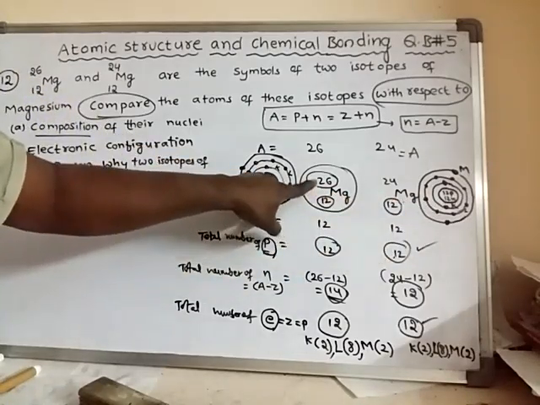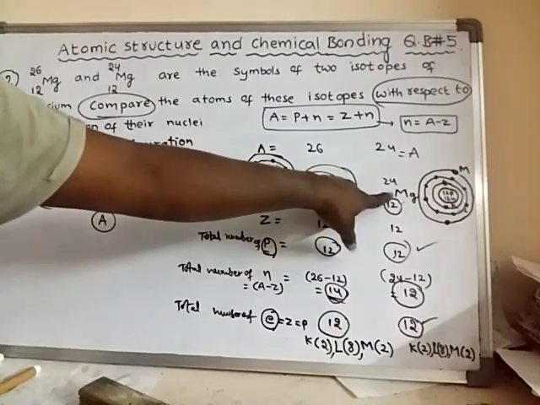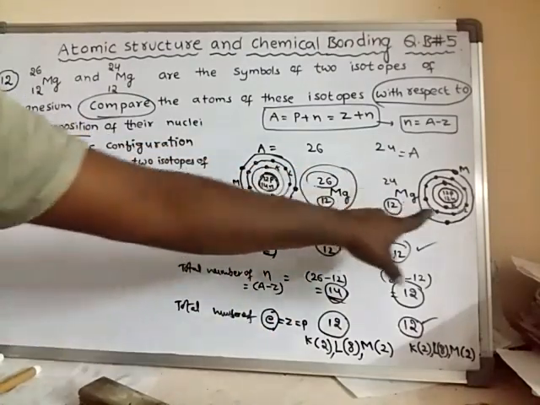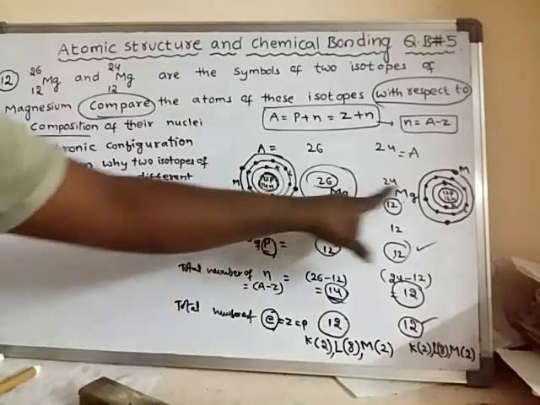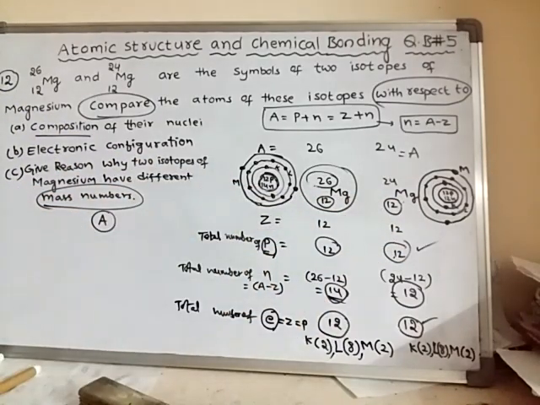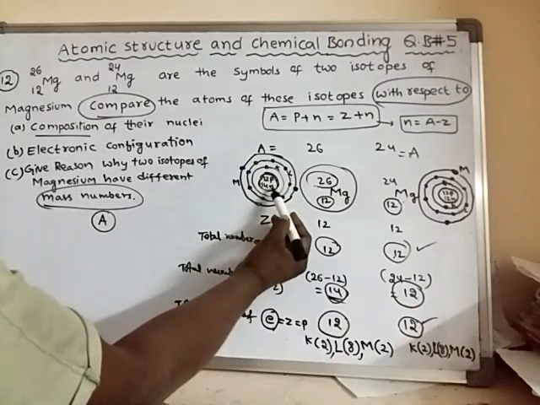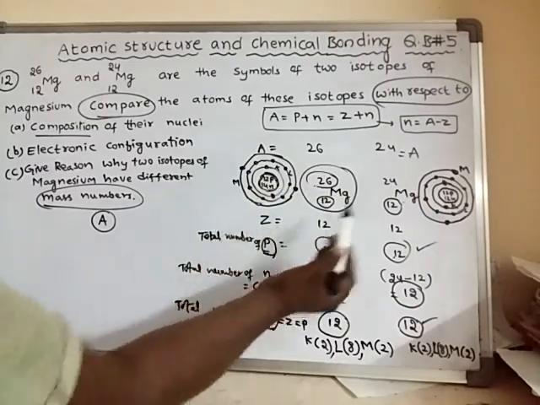So that is why the mass number of this one is 26, and the mass number of this one is 24. So where are these two isotopes differing? They are differing in the number of neutrons. There are two neutrons extra in this isotope when compared to this one.